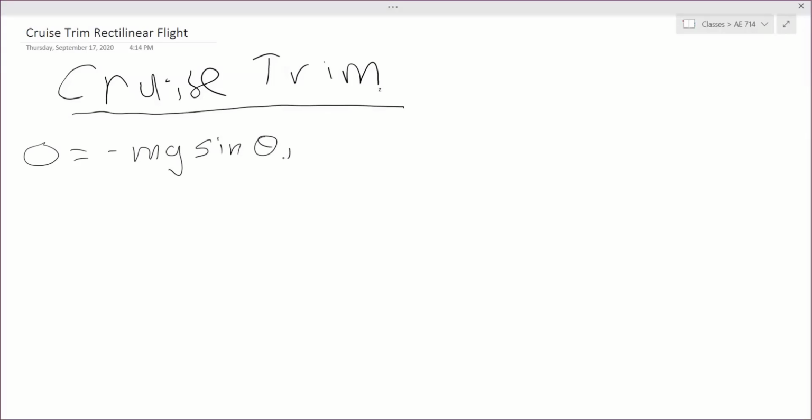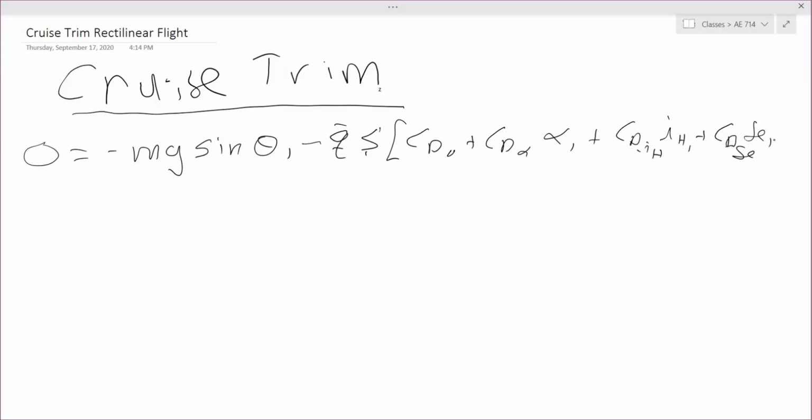So that's what's left of the equation, and then we plug in the force and moment models. That's the aerodynamic, and then here's the thrust.